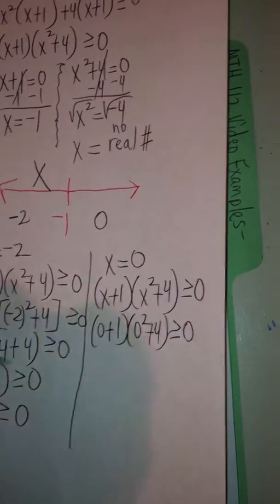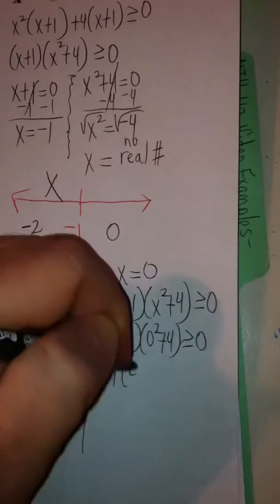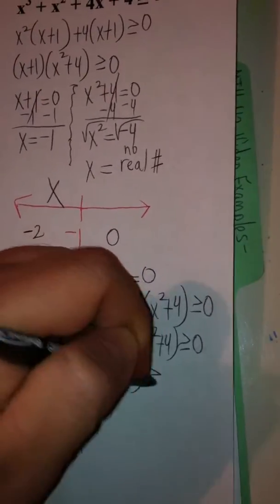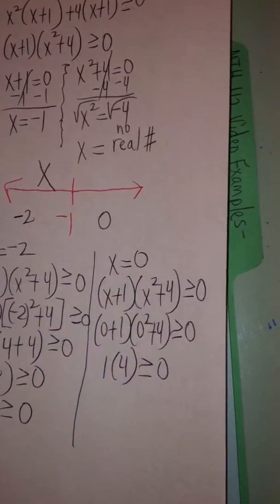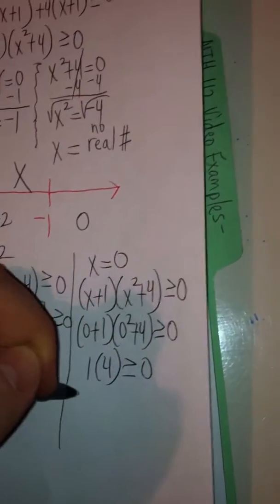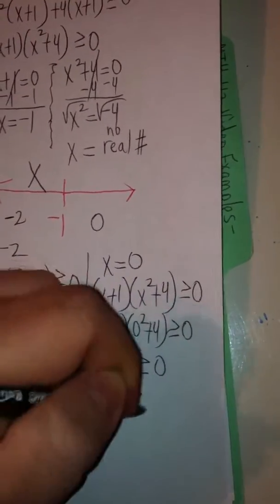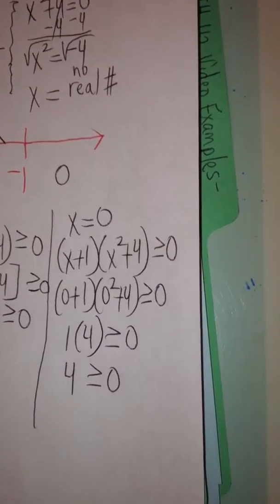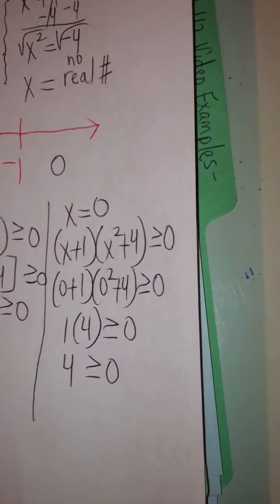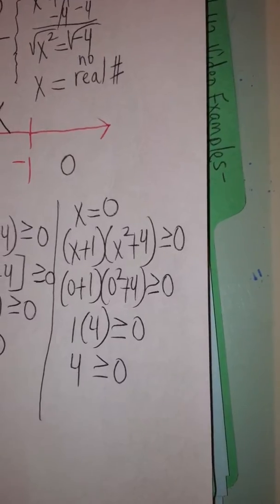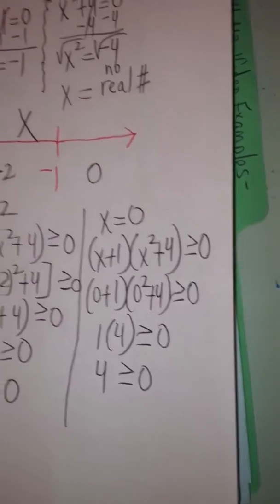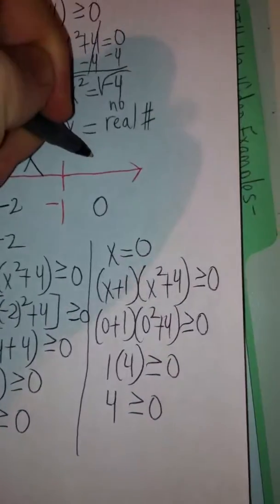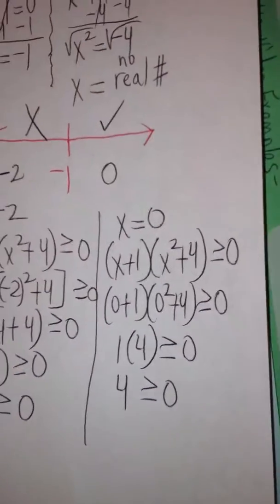So we have 1 times 4, which will give us 4 is greater than or equal to 0. Yes, this is a true statement. So our solution would be everything greater than or equal to negative 1.